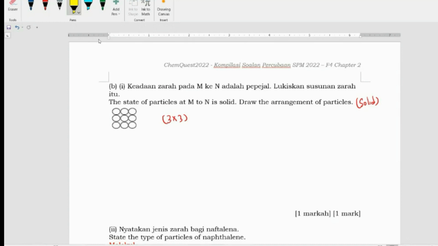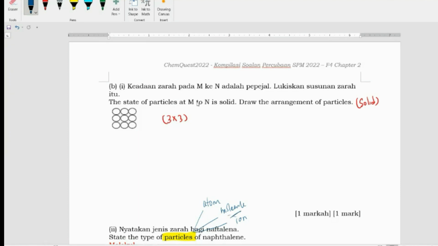Kalau soalan tanya particles, dia ada 3 kemungkinan. Dia mungkin apa? Atom, molecule, ataupun ions. So mana satu? Molecule.